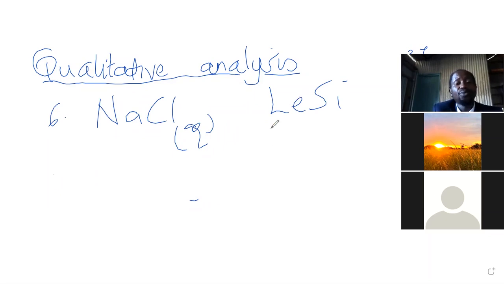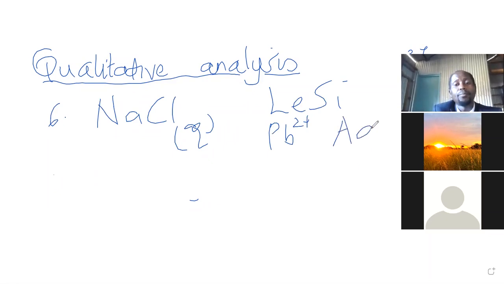Lead 2, and silver. Where again, white precipitate or no white precipitate. Now the next tests are normally for the anions.